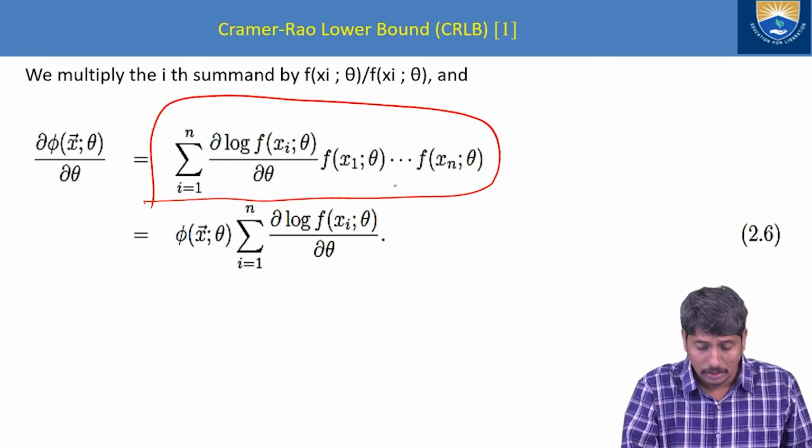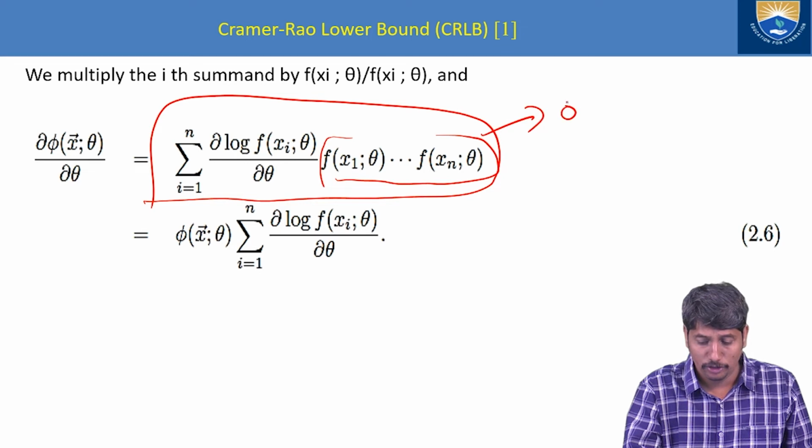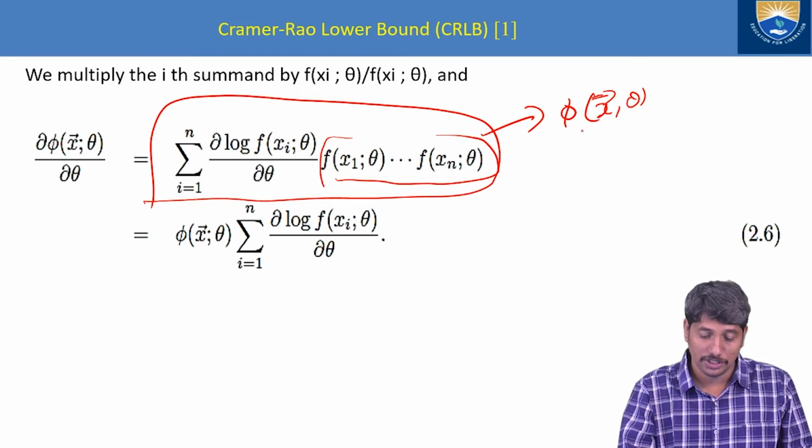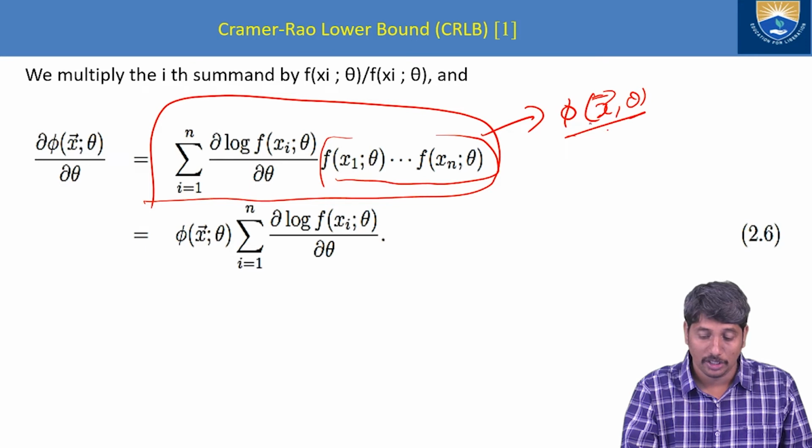Now, we can denote this as phi of x arrow comma theta, the product of density functions, and we have already given this notation. The constant, which is independent of theta, can be written outside.